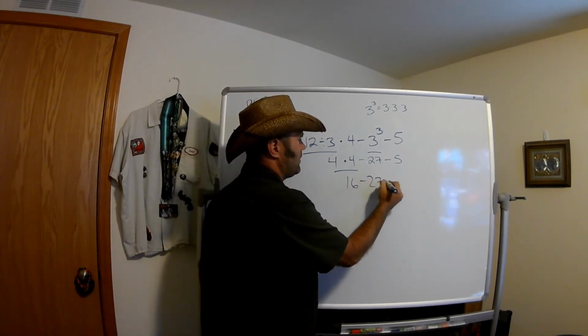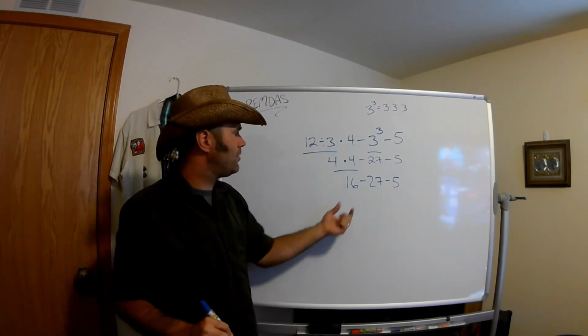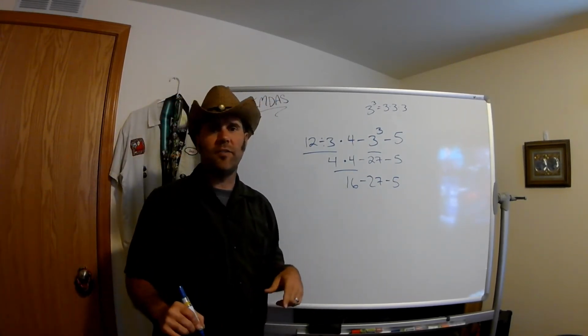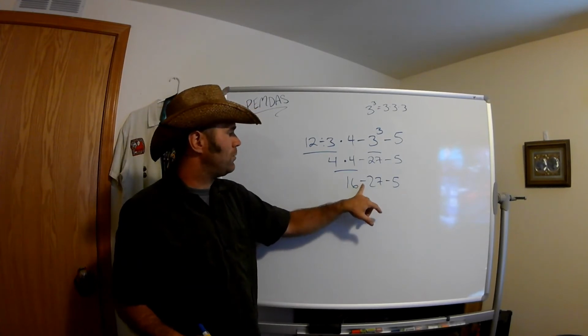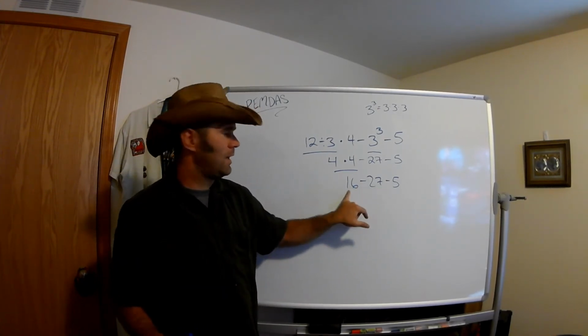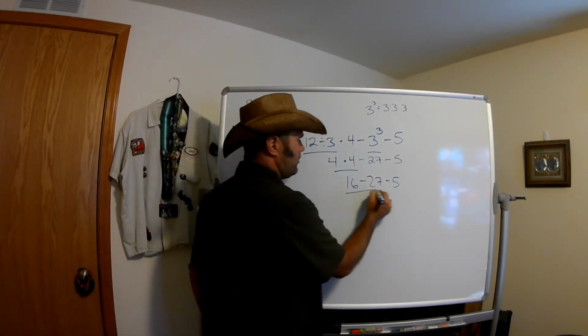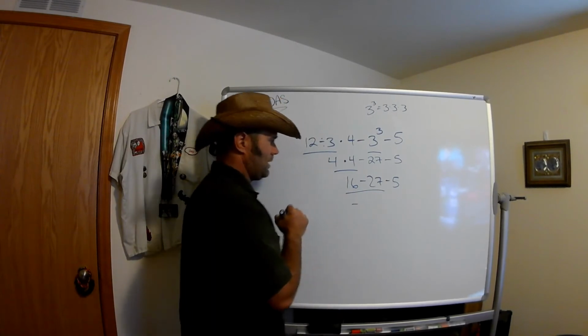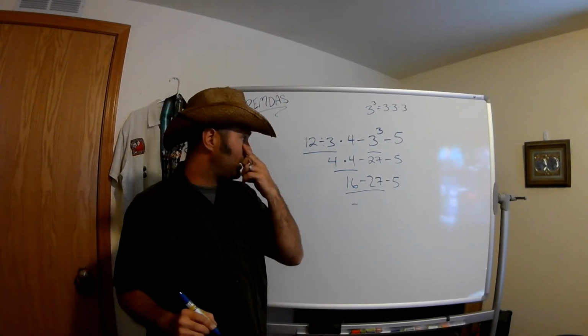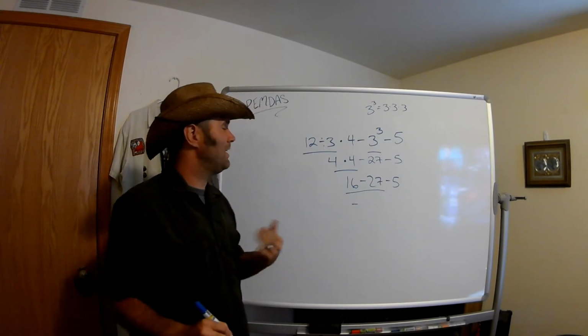Minus 27 minus 5. So in this case, 16 minus 27. Notice that with this minus sign, we've got a bigger number on the right than on the left. So we're going to get a negative number here when we subtract these two. And when you take 16 away from 27, you get 11.